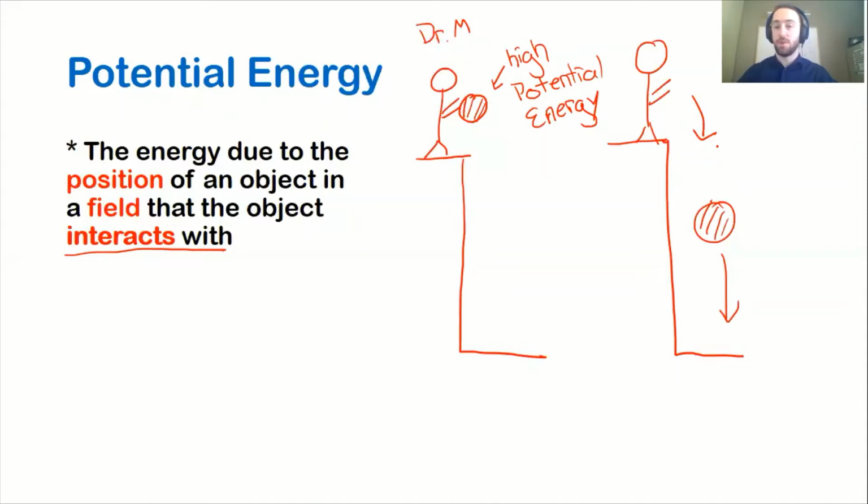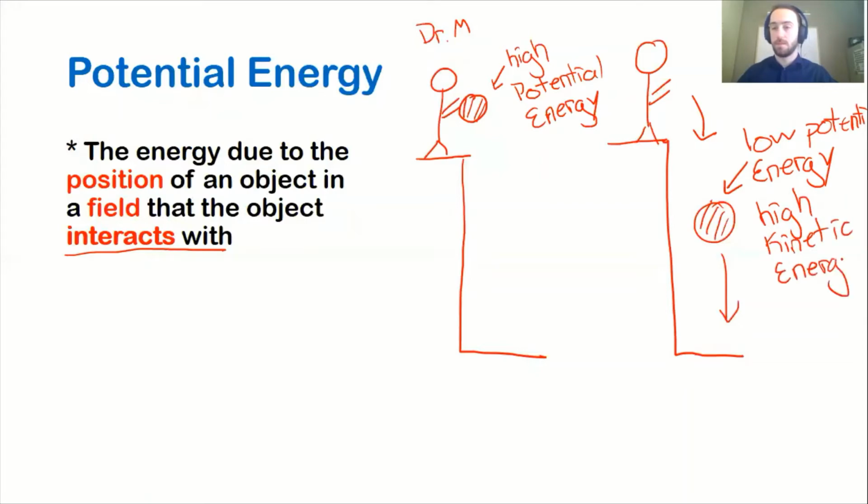So as I drop the ball down the hill, we have low potential energy, but we have high kinetic energy. So the potential energy is being converted into kinetic energy as the ball is falling down the hill.